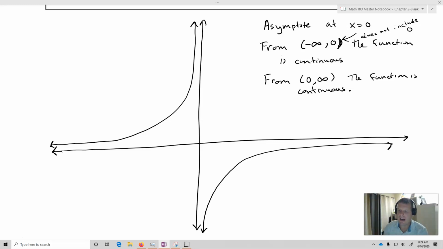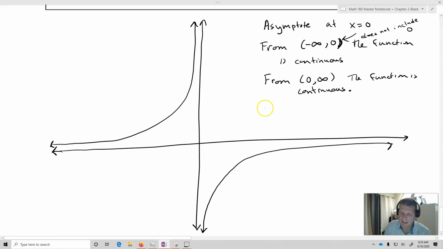So this function f is continuous on the interval negative infinity to 0, and it's also continuous from 0 to infinity. That's great.